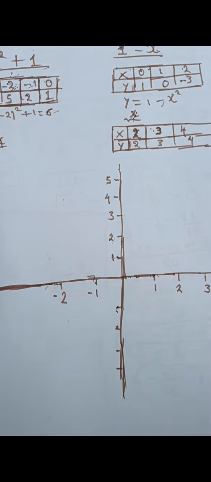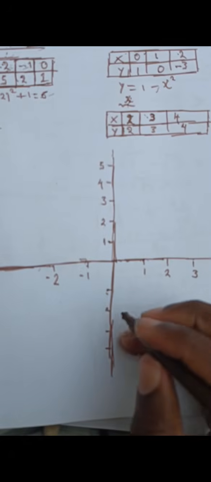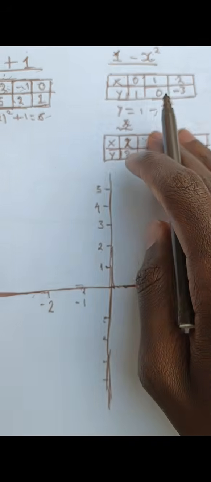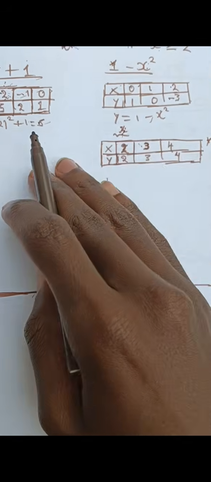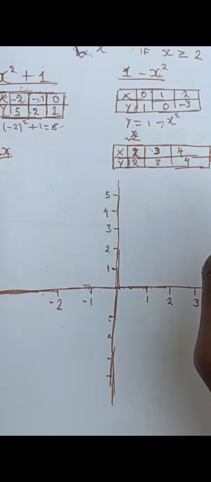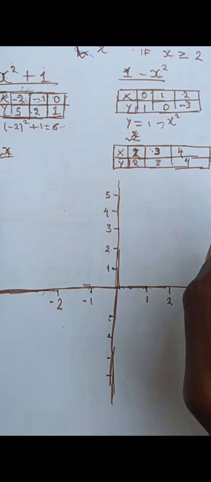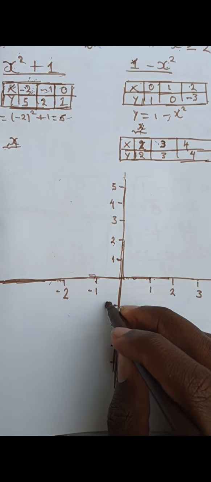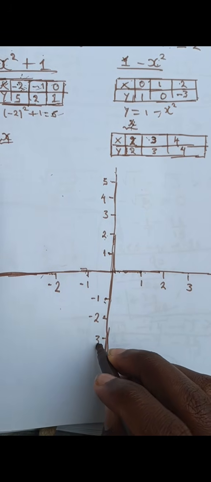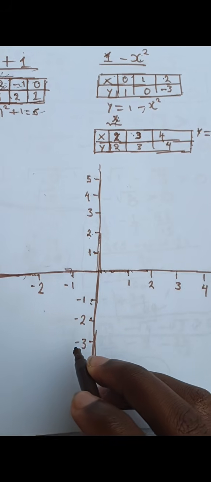Now let's check the negative side of y. The largest is negative 3, so negative 1, negative 2, negative 3.